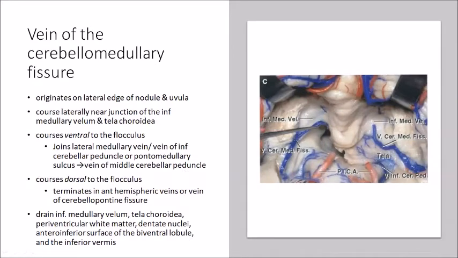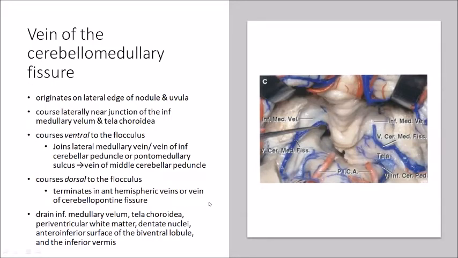If they course dorsal to the flocculus, they terminate in the anterior hemispheric veins, which were the surface veins that we discussed previously, or the vein of the cerebellopontine fissure, to eventually join the vein of the middle cerebellar peduncle.